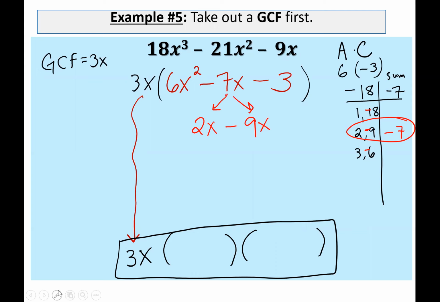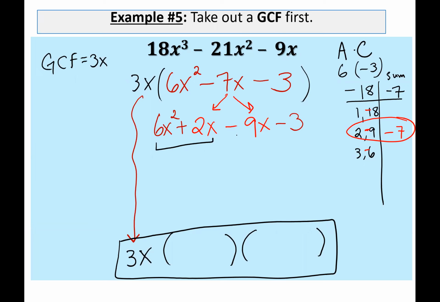I'm going to bring down the other terms. The 6x squared comes down. Because that 2x is positive, I need to put a plus sign. So I have 6x squared plus 2x minus 9x, and then I'll bring down the minus 3 as well. So now that I have those 4 terms, now I can go ahead and factor by grouping.